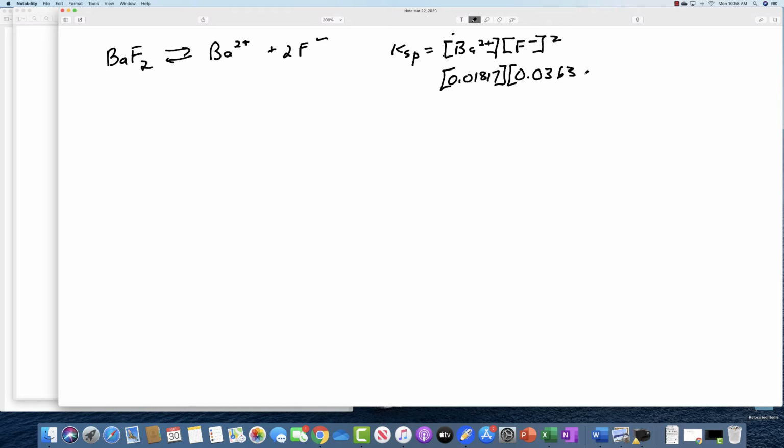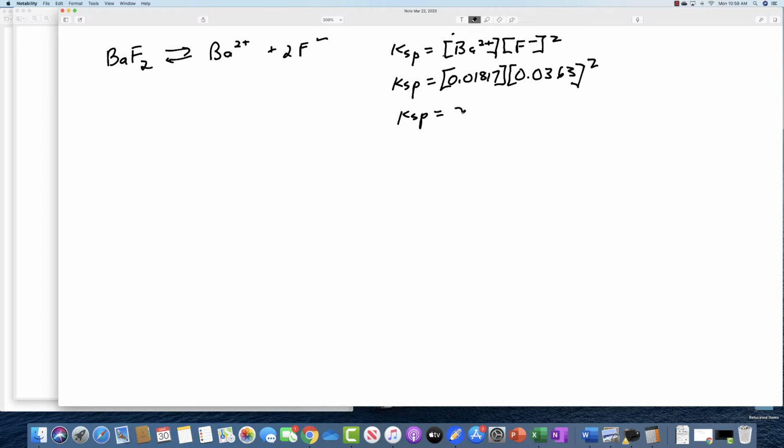And this will be squared. And so if we do the multiplication here, we get 239 times 10 to the minus 5. So this is one answer, this is another answer, and this is the first answer.